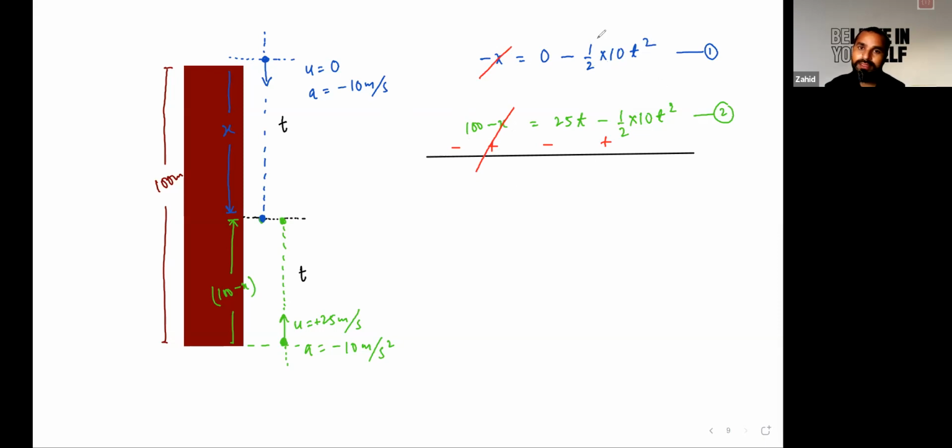Similarly, half 10t square is negative and half 10t square is positive, so these two terms would cancel out. So what will we be left with? Minus 100 is equal to minus 25t. Minus and minus get cancelled out. So t is 100 over 25, which is equal to 4.